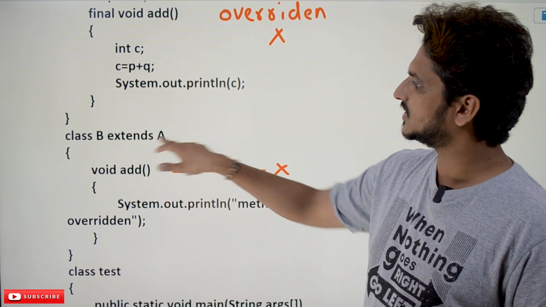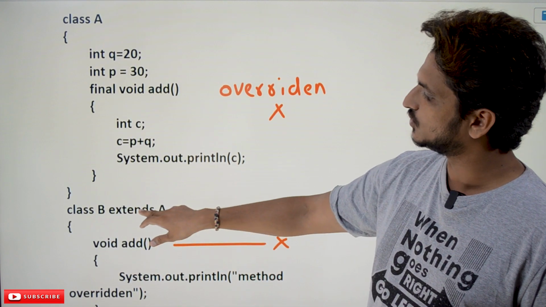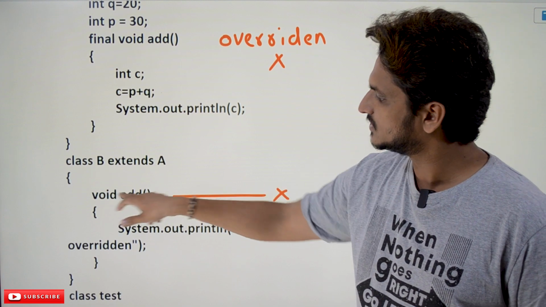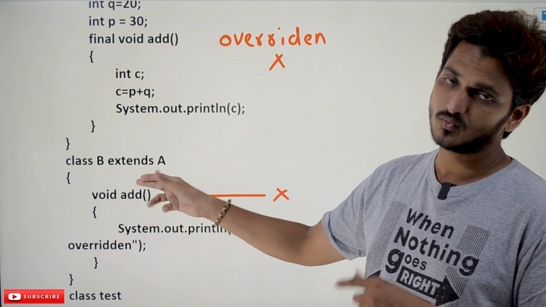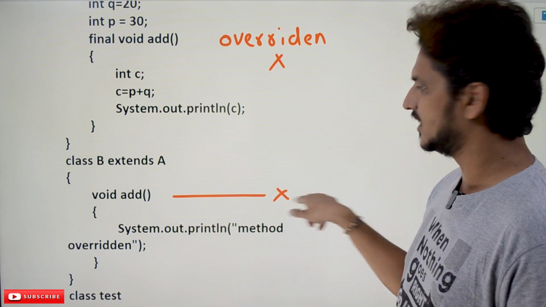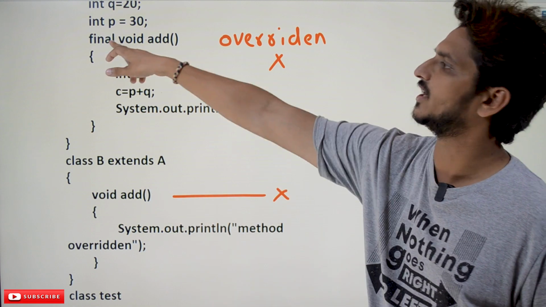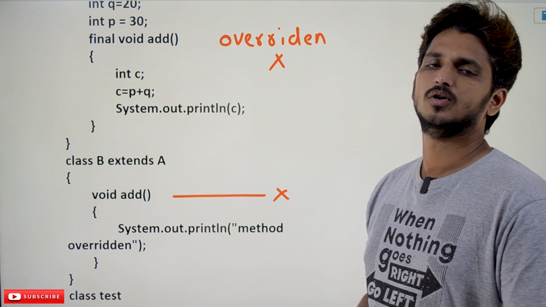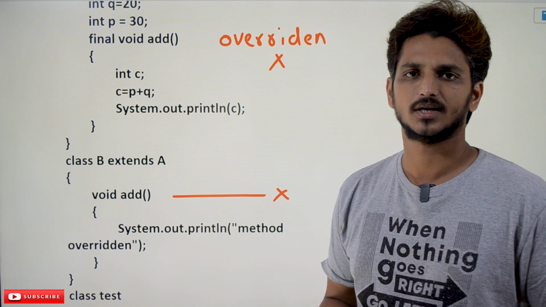Class B extends A, which means it is going to inherit class A, and if class B also has the same method, that is what we call method overriding. It is not allowed here because this method is a final method. Final means don't allow method overriding.